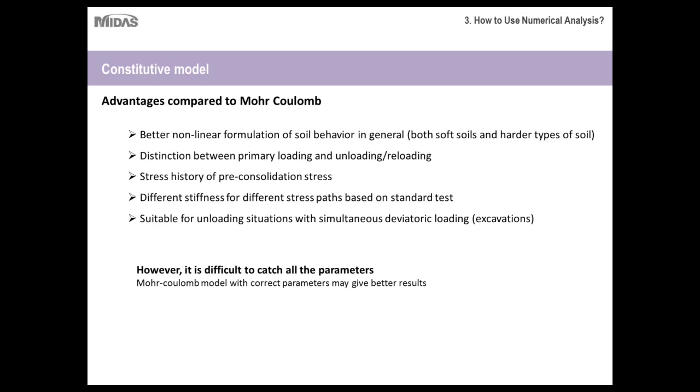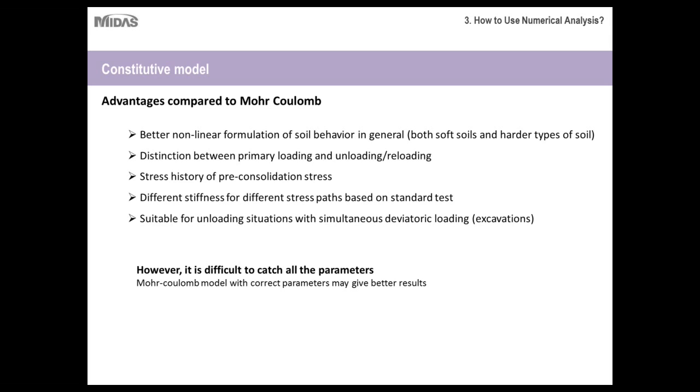But having said all that about the advanced Mohr Coulomb material model, we still don't use it that often because of its difficulties in catching all these parameters from all different field tests.